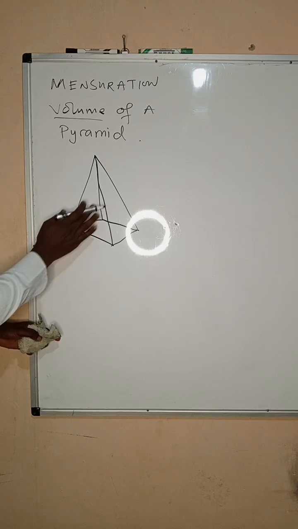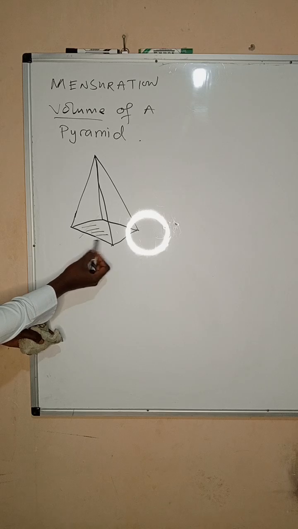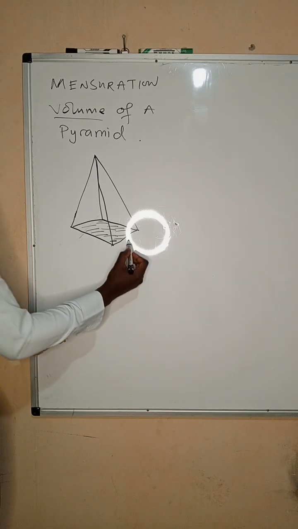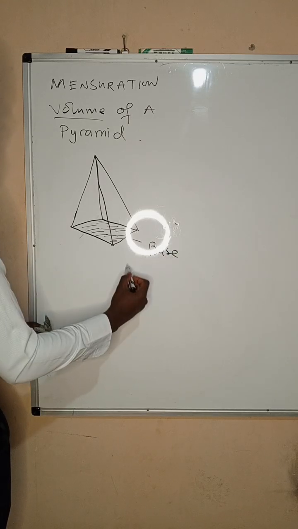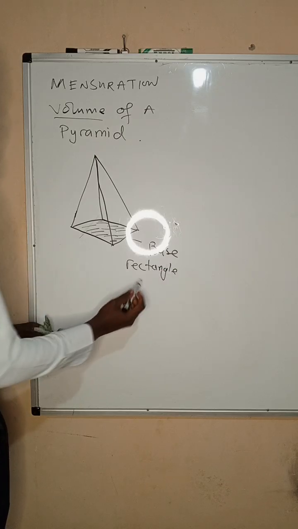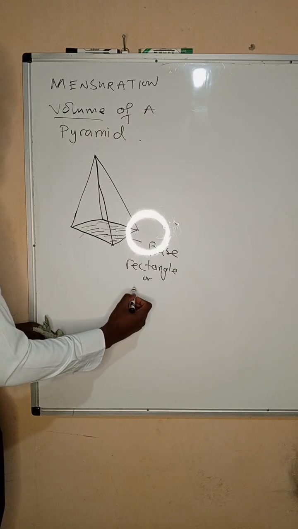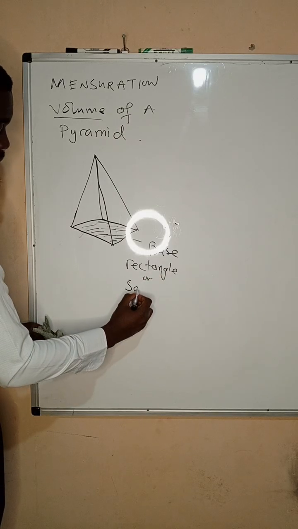This is a pyramid with a rectangular base. You see this base down here? The base can either be a rectangle, or a square.